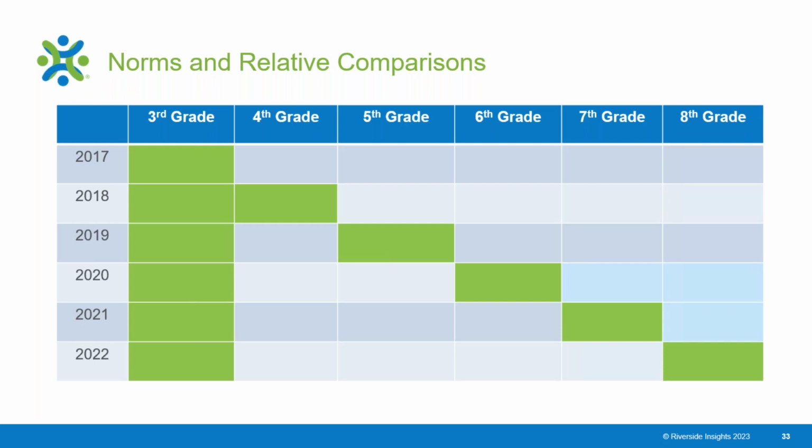Or I can take a given matched cohort of students who were third graders in 2017. I can compare them to 2018 as they move into fourth grade, as they move into fifth grade, as they move into sixth grade, and so on. And I can use their national percentile rank to better understand how that same group of students is doing across the various grades they're in.